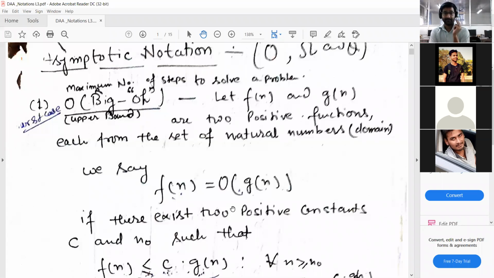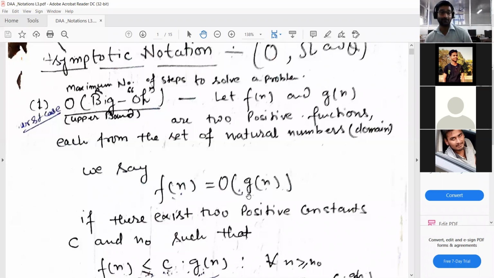Okay, so the problem statement is that you are interested to know the maximum number of steps to solve a problem. That is the complexity of the algorithm, maximum number of steps. Okay, now you are trying to express the maximum number of steps by using some kind of asymptotic behavior, and that asymptotic behavior is just like n, n log n, like that.